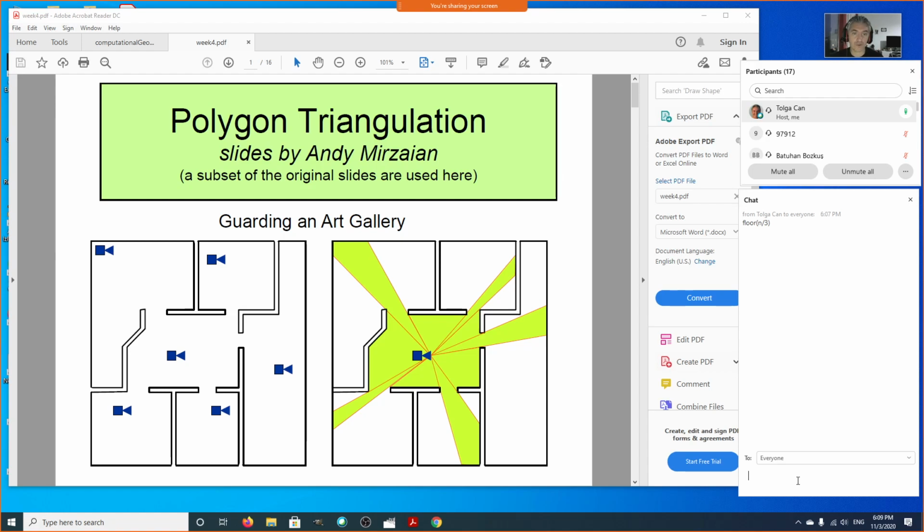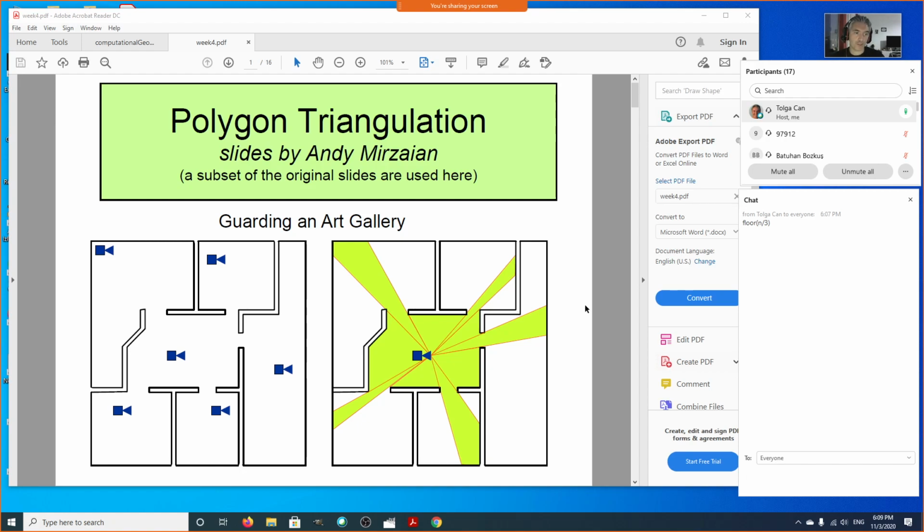For certain polygons, you may even need a smaller number of cameras than floor of n over 3, but you will never need more than this many cameras. Floor of n over 3 is an upper bound, and it's a tight upper bound in such a way that some polygons actually need this many cameras. All right, so that's the first part we are going to talk about.